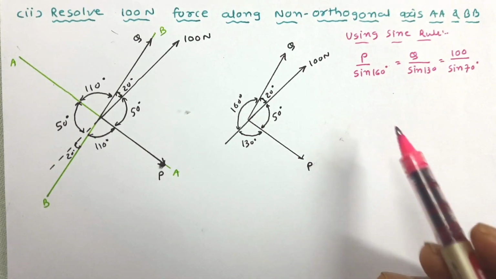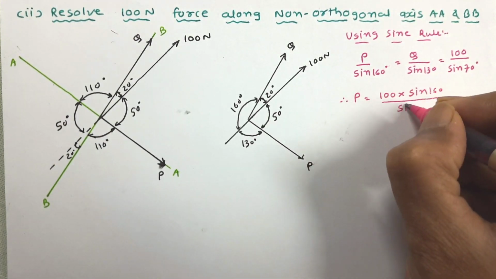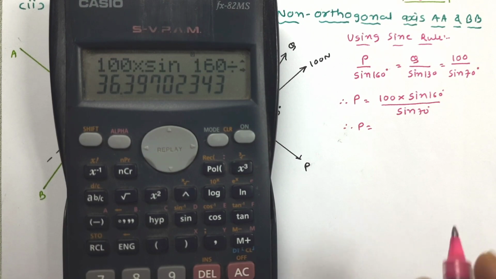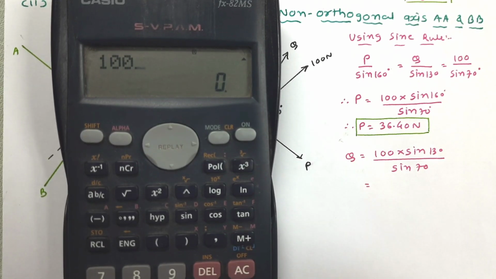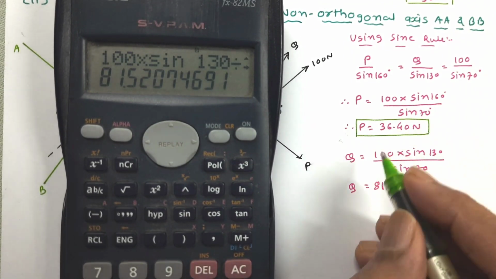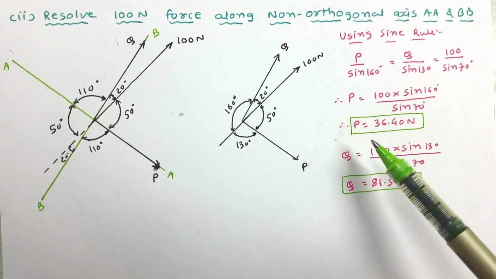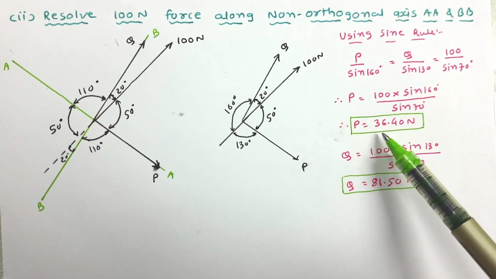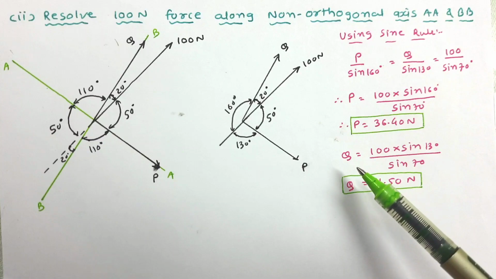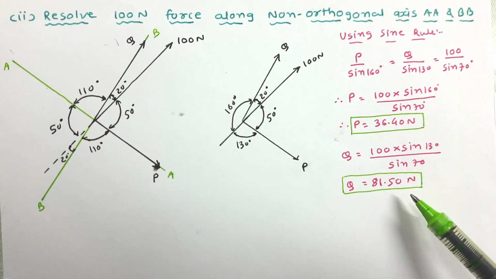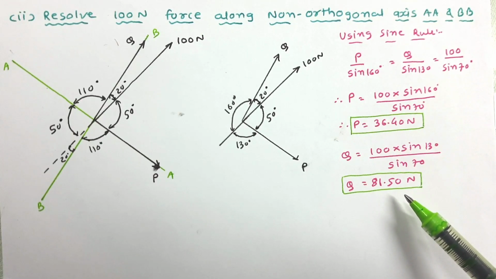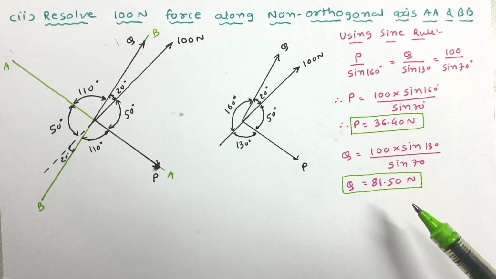So let us simplify it to work out P. On simplifying it, the value of P has been obtained as 36.4 Newton and the value of Q has been obtained as 81.50 Newton. This way we can obtain the components of the given force along orthogonal axes and non-orthogonal axes.